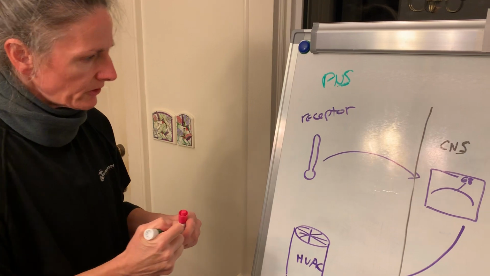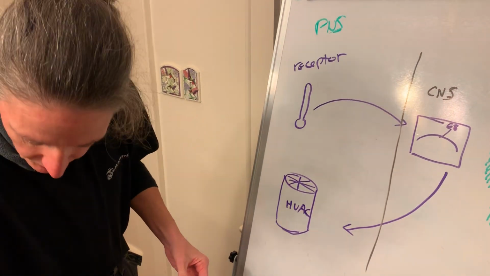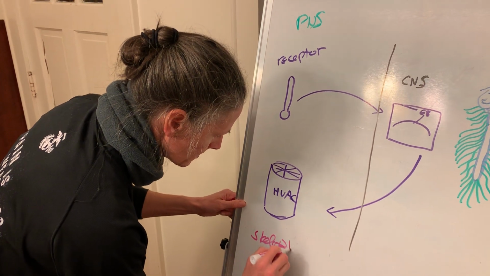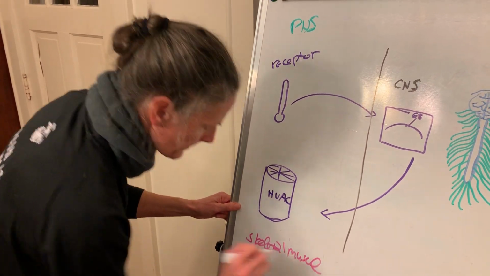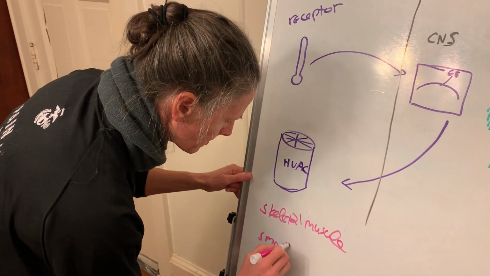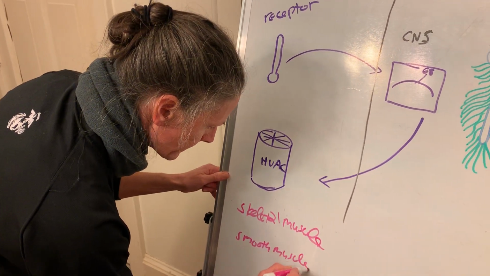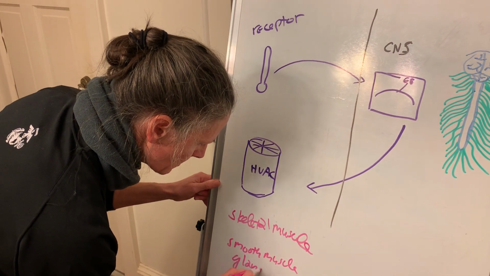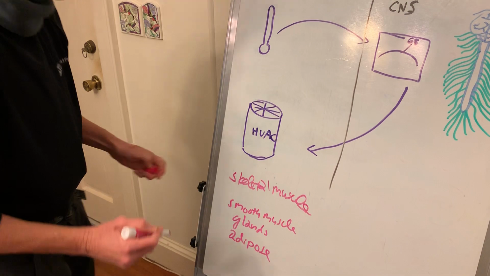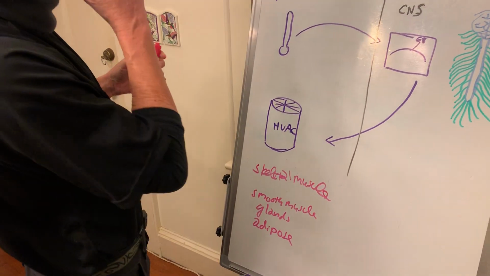And our effectors would be things like skeletal muscle, and things like smooth muscle, glands, adipose tissue, and so forth.